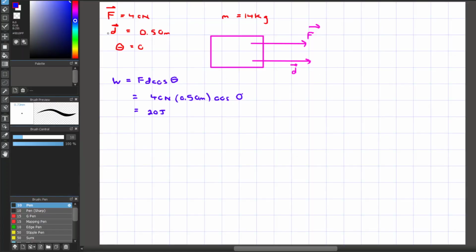All right, the second part is a little bit more tricky because we are introducing thermal energy here. Originally we understood work to be equal to the change in kinetic energy, and this was the work-kinetic energy theorem.